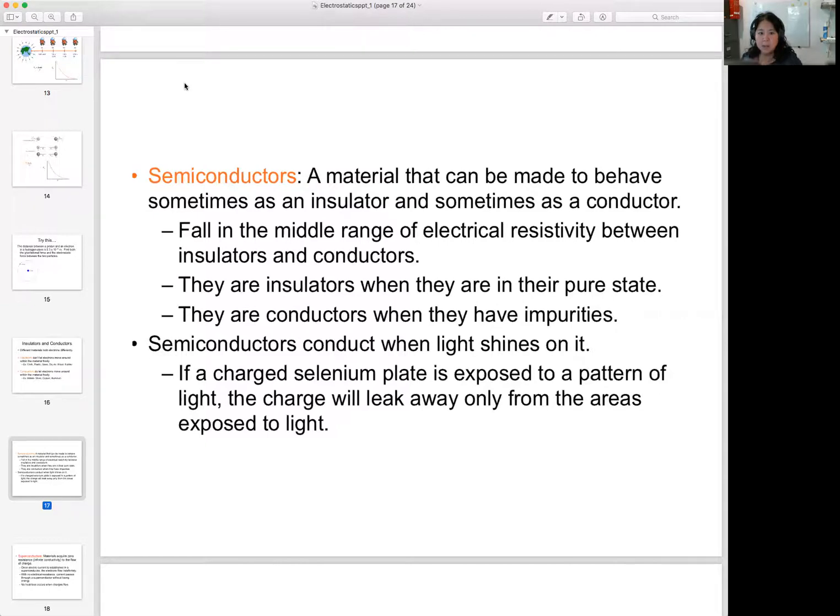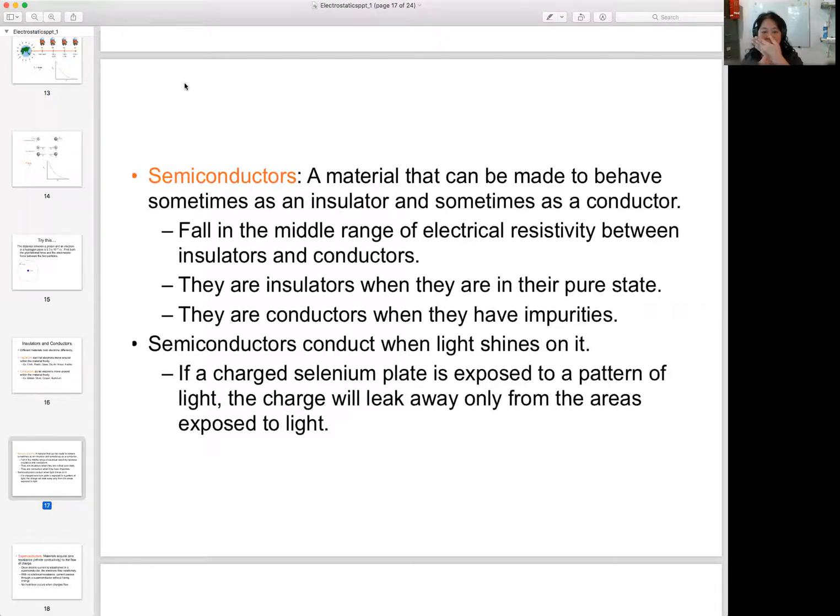Or if you have a semiconducting material, and you shine a laser light at one spot, then only the spot that's being shone by the laser light becomes conductive, and everywhere else can stay insulator. So you can even pattern a wire, right?